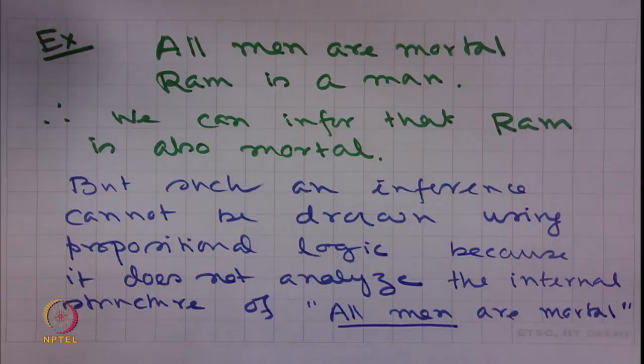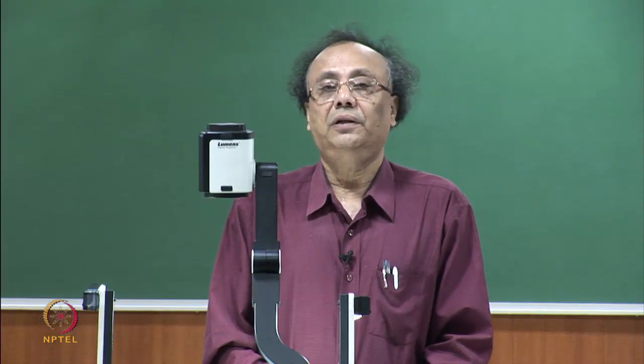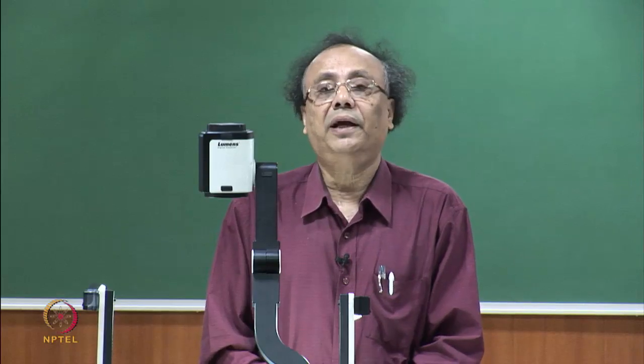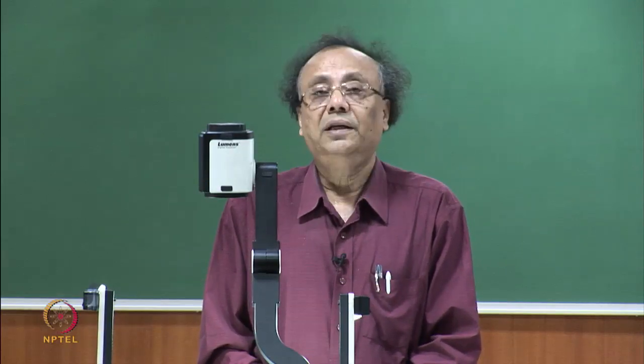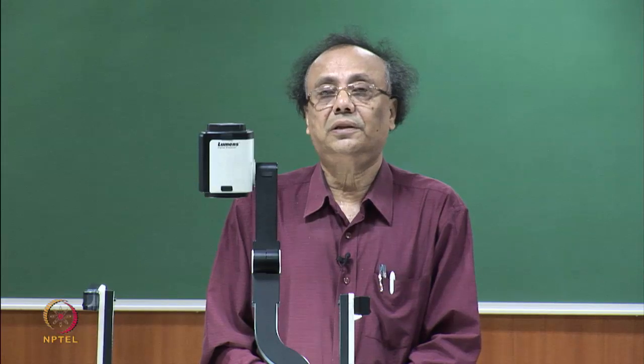And this is because all men covers all the people, and therefore, to infer about each individual, we need to use some variable x, so that we can instantiate the value for x with some particular person, and therefore, from there we can infer that he is also mortal. This internal analysis of the structure is not present in propositional logic.